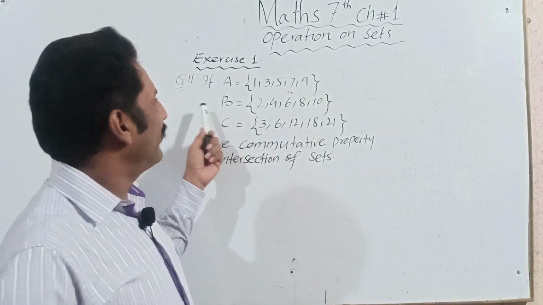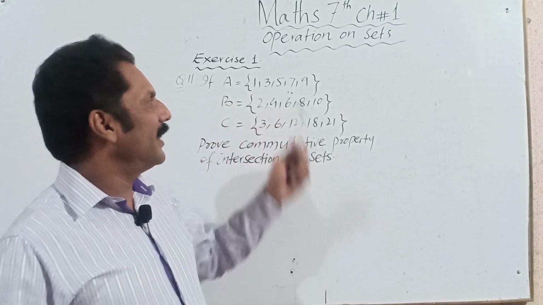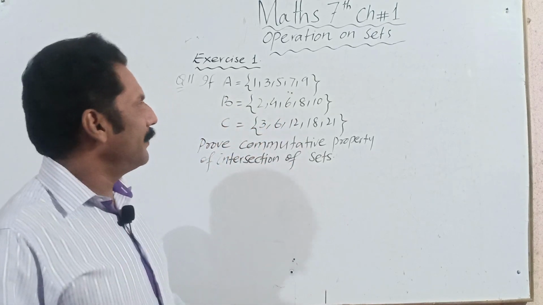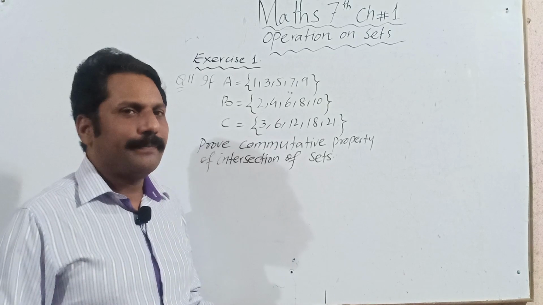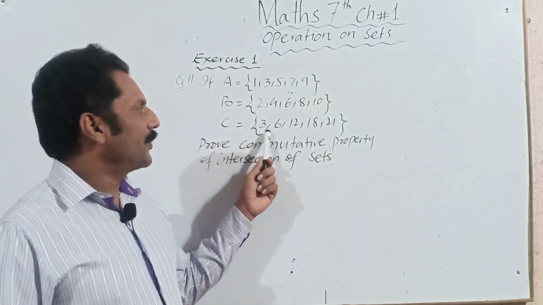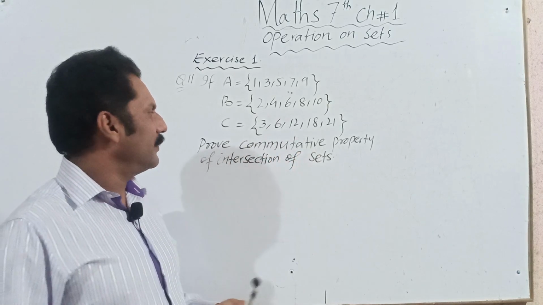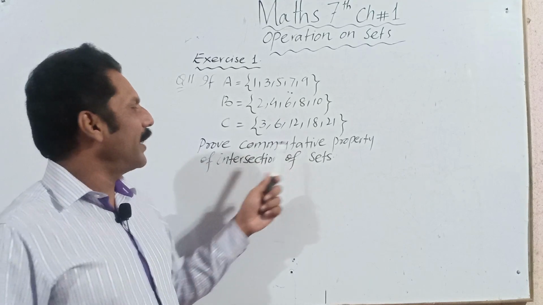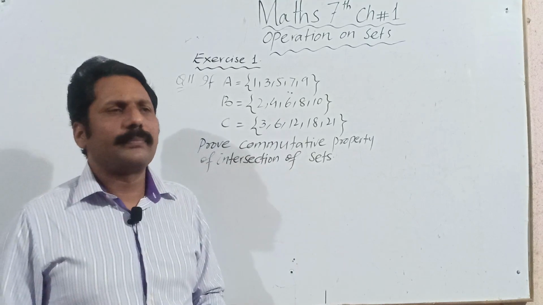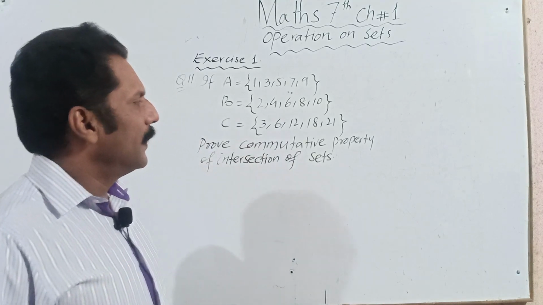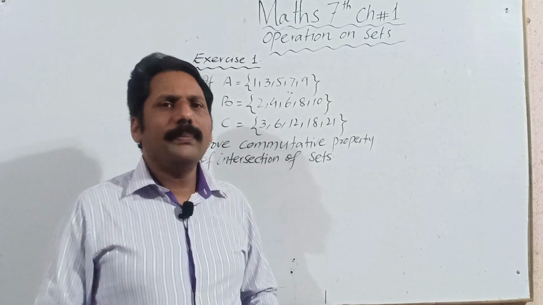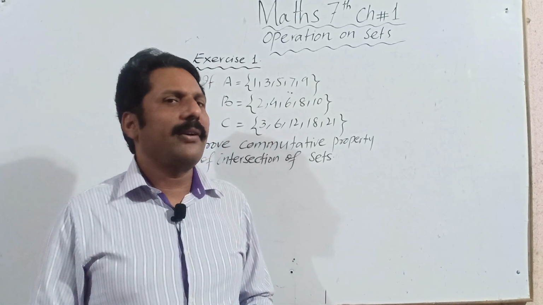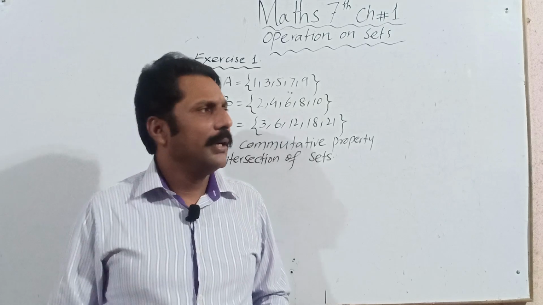Okay, students. Question number 11. If set A is equal to 1, 3, 5, 7, 9 and set B is equal to 2, 4, 6, 8, 10 and set C is equal to 3, 6, 12, 18 and 21, then prove the commutative property of intersection of sets. First of all, you must know what is the commutative property of the intersection of two sets.